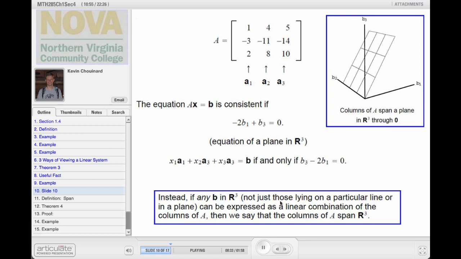So this system is going to be consistent for a particular plane in three-dimensional space: the plane negative 2 b sub 1 plus b sub 3 equals 0. For the points on that plane, the system is consistent, and for the points off it, it's going to be inconsistent.